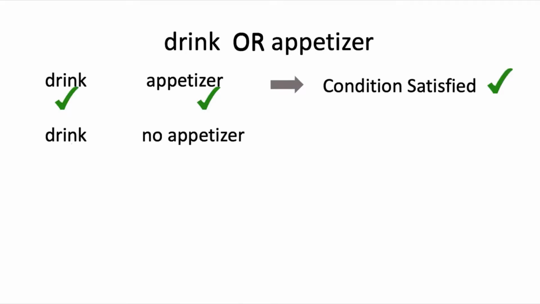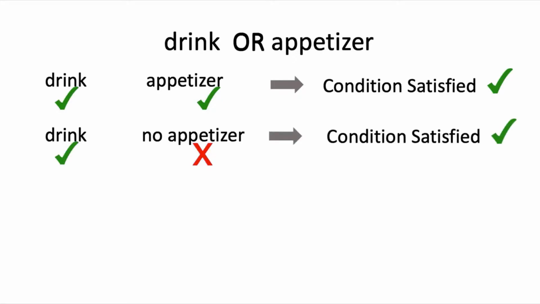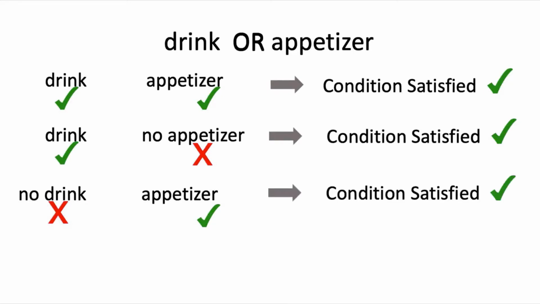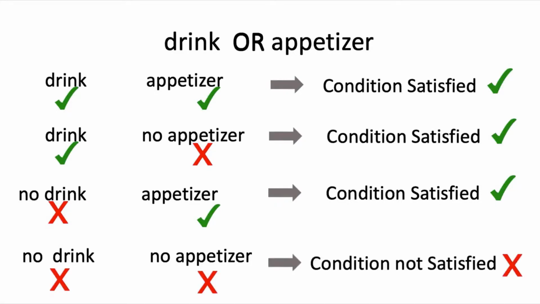If you brought a drink but no appetizer, that's fine, because you could bring a drink or an appetizer, so the condition is satisfied. If you brought no drink and you brought an appetizer, that's okay, because you were to bring a drink or an appetizer, so the condition is satisfied. But if you brought no drink and no appetizer, then you didn't bring a drink or appetizer, so the condition is not satisfied.